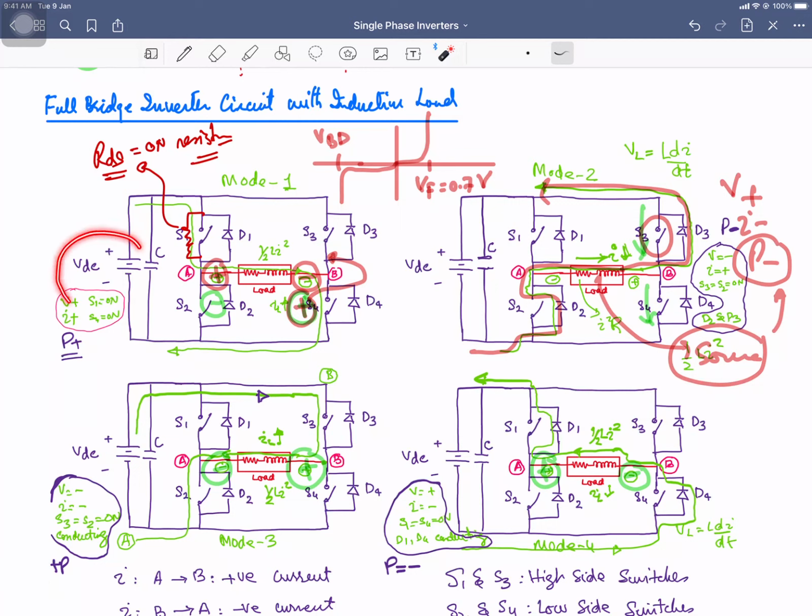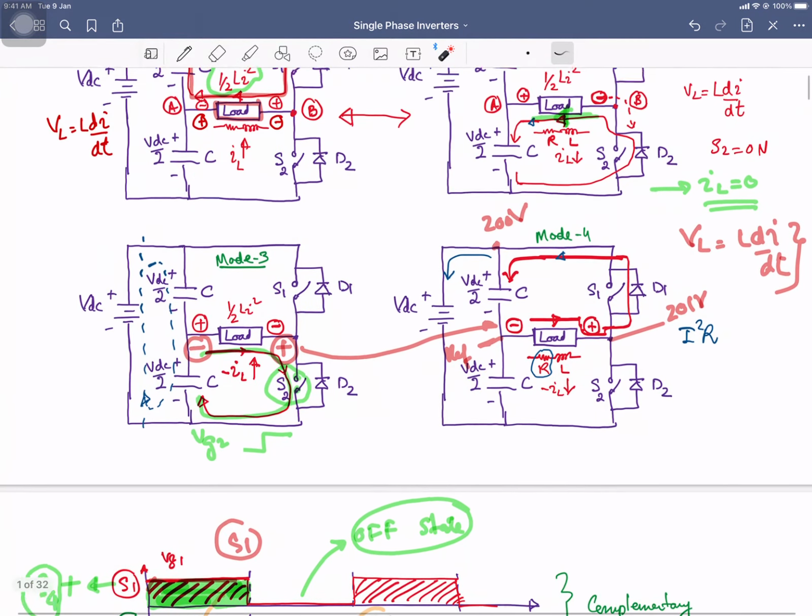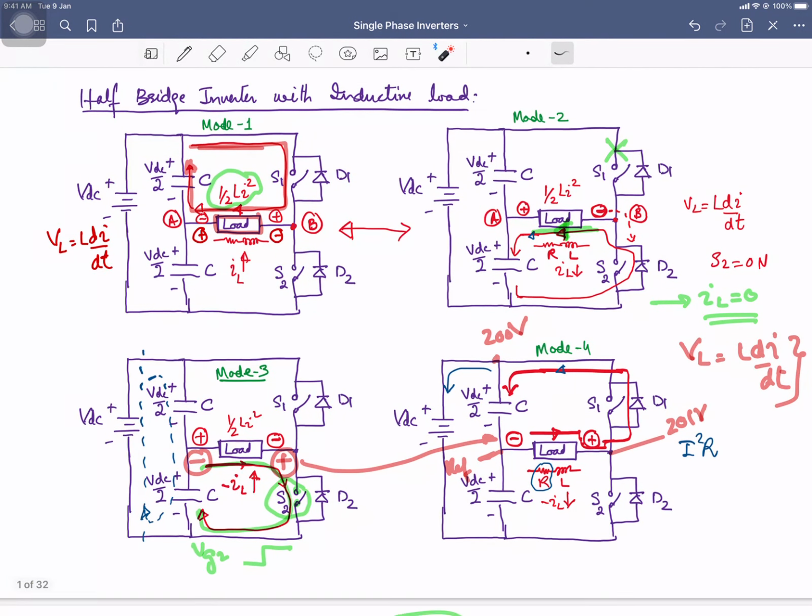You are utilizing this voltage source efficiently, effectively, because if you are using the half bridge circuit, the source voltage is VDC, but the voltage across the load is VDC by 2, because you have separated that VDC into two parts, VDC by 2 and VDC by 2, and in each half cycle the voltage across the load is VDC by 2, the half of your source voltage.